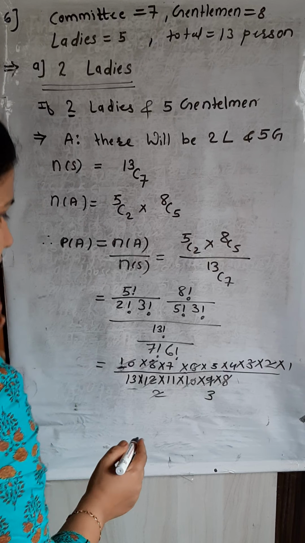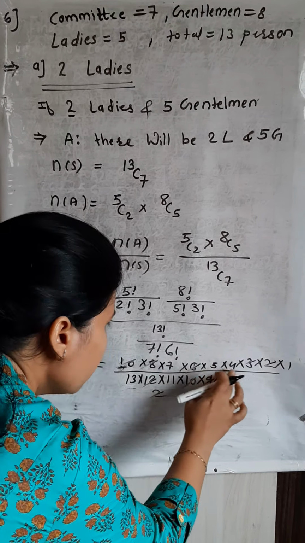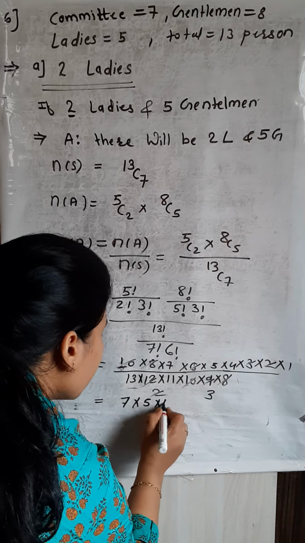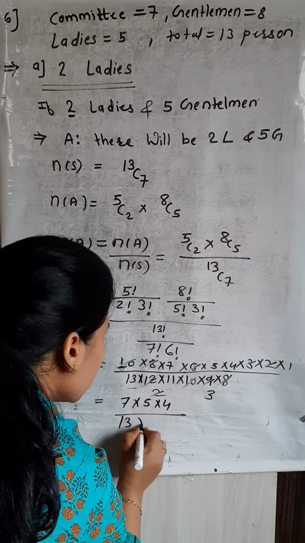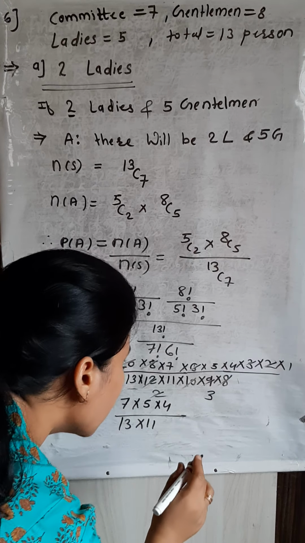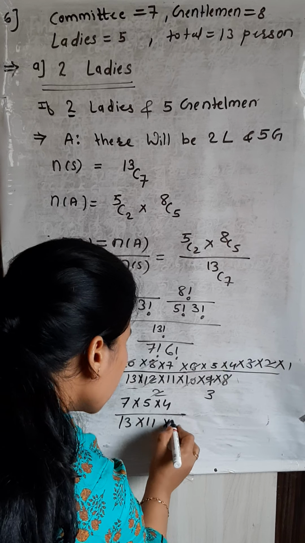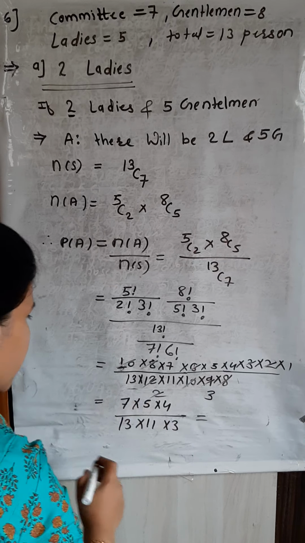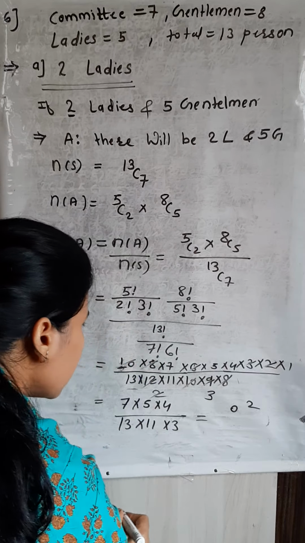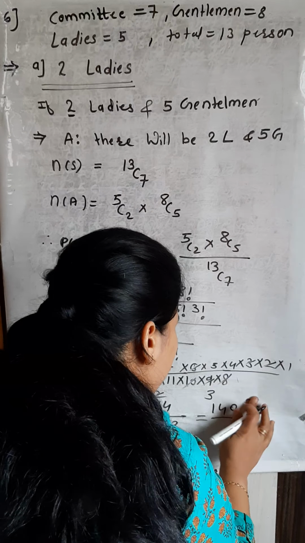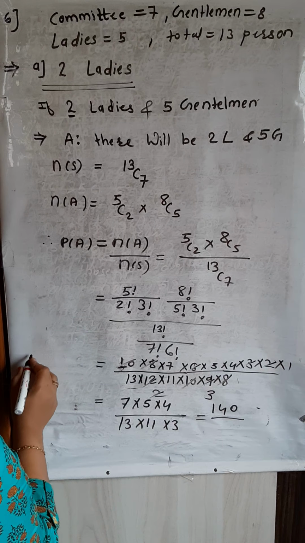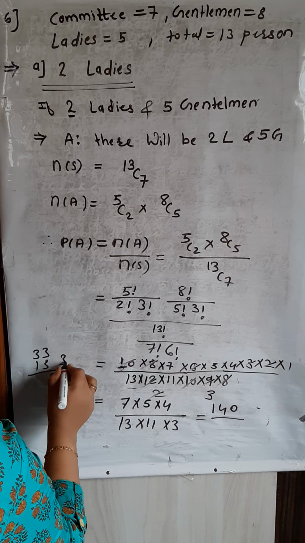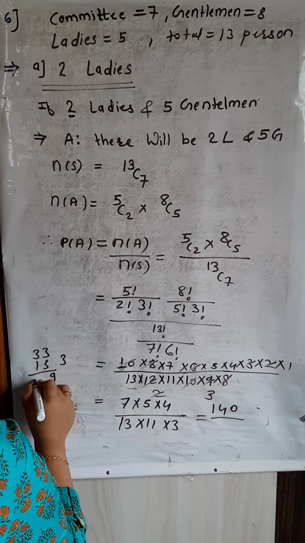Okay, so we will write the values. What is here? 7, 5, 4. 7 into 5 into 4 divided by 13 into 11 into 3. So take the product. 35 into 4, 140, divided by the product 33 into 13, 429.